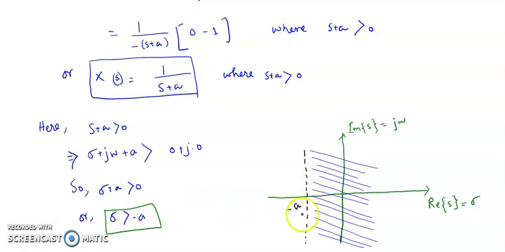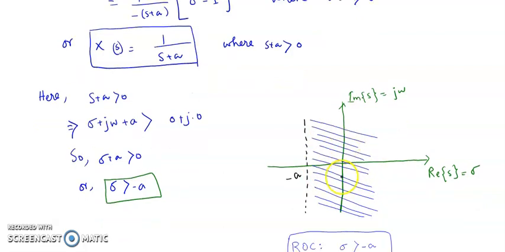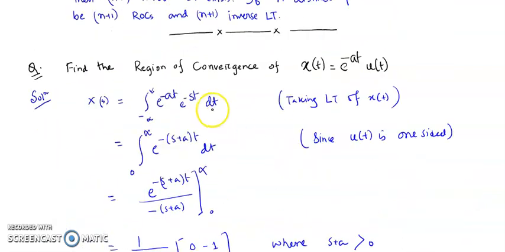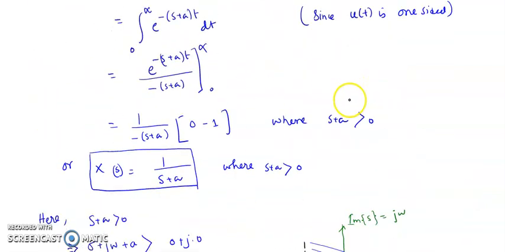If this is the point 0, then this is the point minus a. At minus a, we draw a vertical line, and sigma greater than minus a is the region on the right hand side of this point, sigma equal to minus a. This area, sigma greater than minus a, is the region of convergence for the signal e to the power minus at u(t).